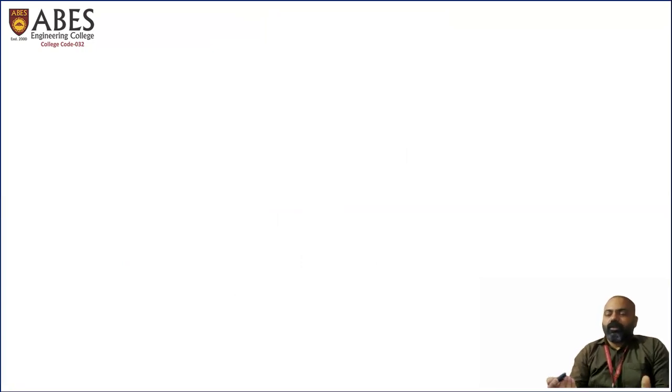So how does the algorithm work? Let's check by a numerical. Here we take an example for simple SJF, means non-preemptive SJF.